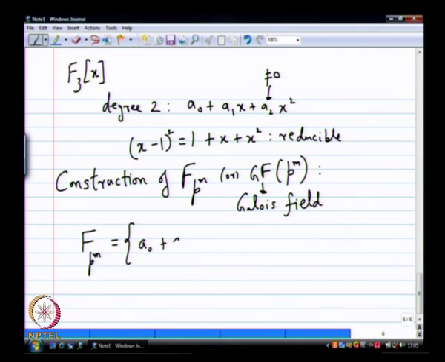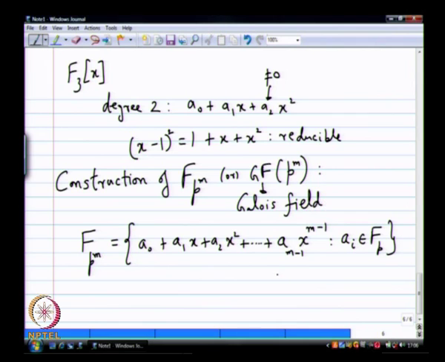It is basically a set of all polynomials of degree m minus 1 or lesser. I am not saying these coefficients are non-zero, ai belongs to Fp. So, this is the set, alright.